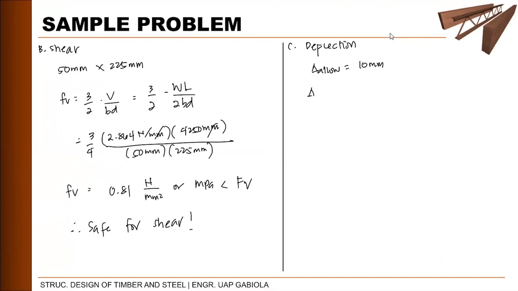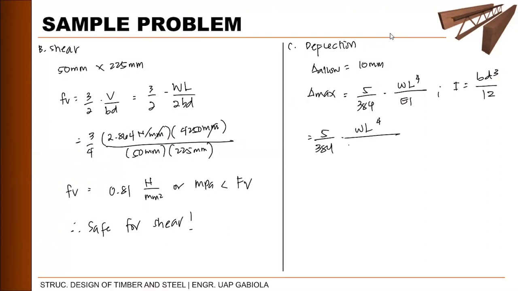So pag kukunin natin yung maximum para dun sa problem, we have 5/384 times W L to the fourth over EI, wherein yung I natin is equals dun sa moment of inertia ng rectangle, that which is B D cube over 12. Okay? So we have 5/384 times W L to the fourth. Then yung E natin is nakuha dun sa table times B D cube. Then yung 12 pwede nyo nang i-multiply dun sa taas.